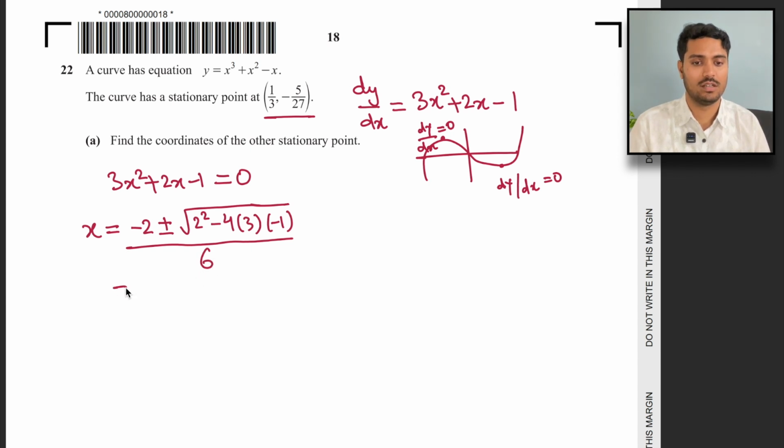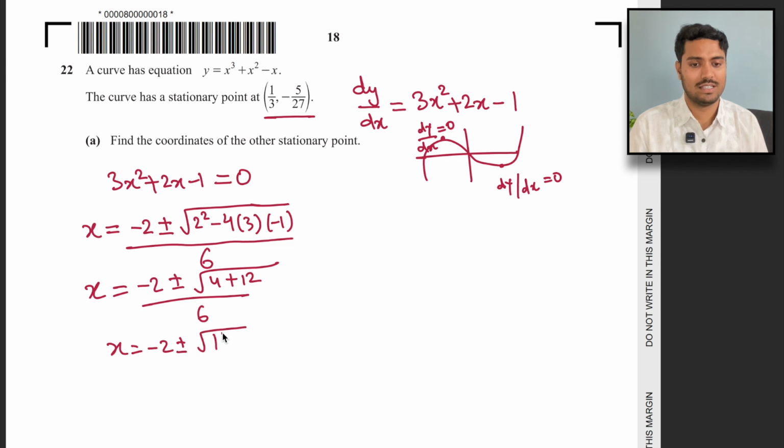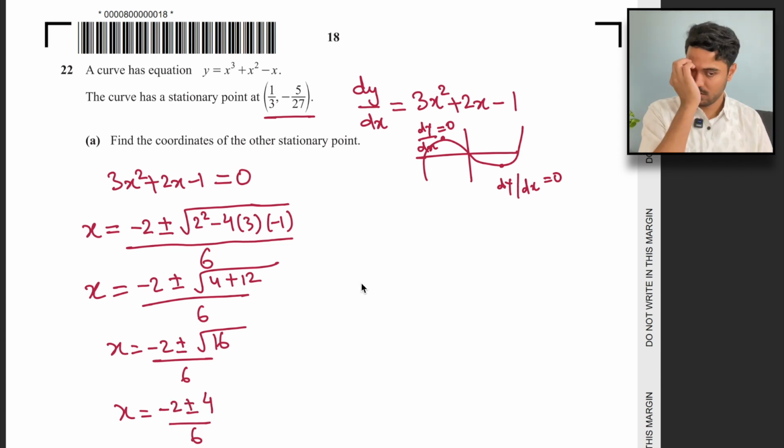So x is going to be minus 2 plus minus under root of 4 plus 4 3s are 12, divided by 6. So x is going to be minus 2 plus minus under root of 16 by 6. So x is going to be minus 2 plus minus 4 by 6.